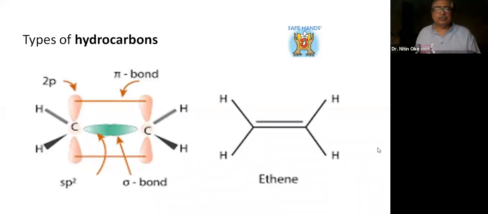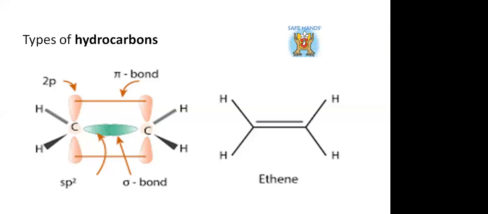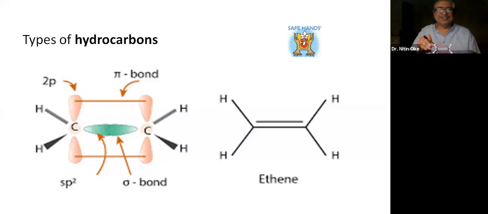So this is how the structure which I have shown you right now. As you can see that this is what is called as pi bond. This is clear with this, very clear. Sir, is it called pi bond because it looks circular? No, not because of that.